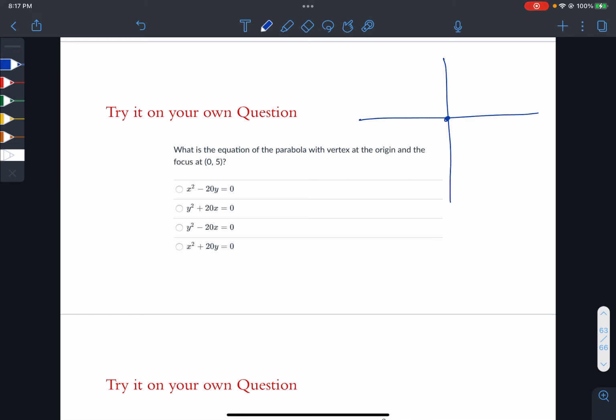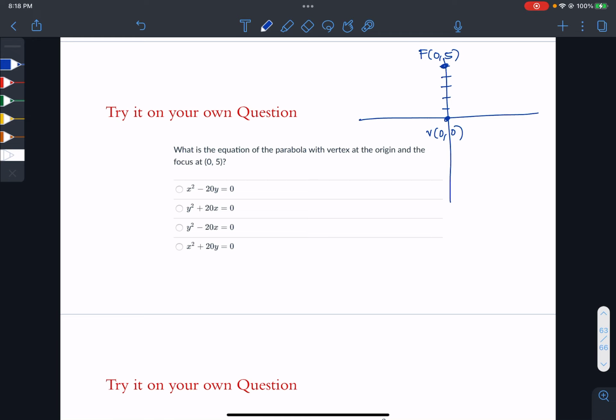So yun na yung clue doon. So where's the 0, 5? 0, and then positive 5. So 1, 2, 3, 4, 5. So what can you see? So this is the focus. Ang focus natin is at 0, 5 and then ang vertex natin is at 0, 0.